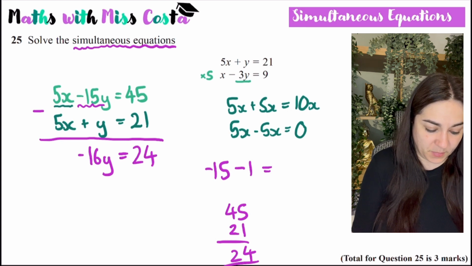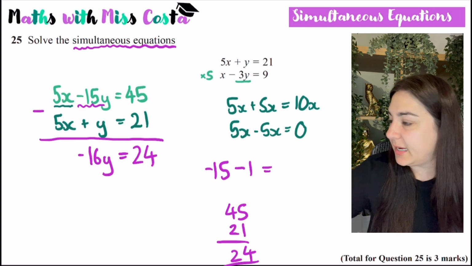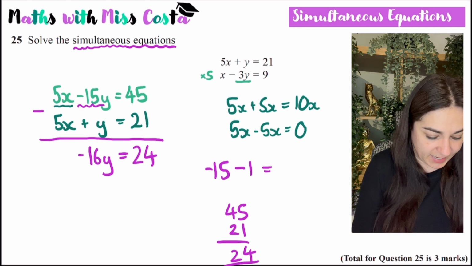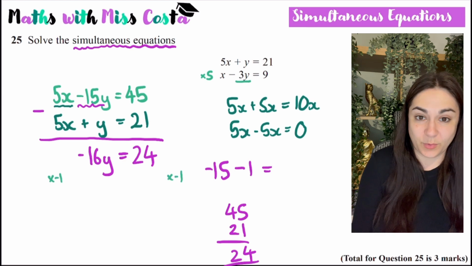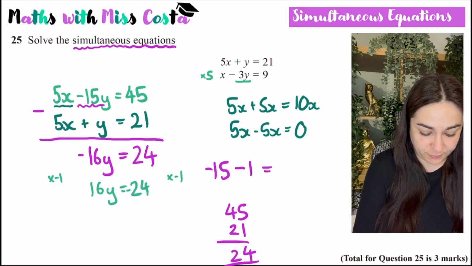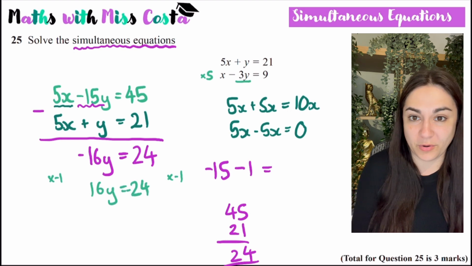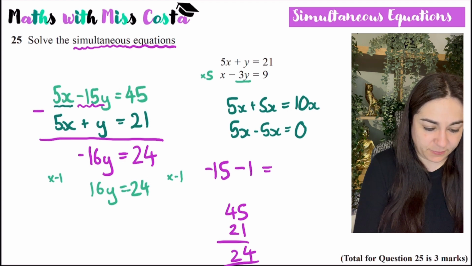So I know that minus 16y is 24. Now what I could do is multiply both sides by negative 1, which just means I can switch the signs, so I'd be left with 16y is negative 24, because then I have a positive variable.